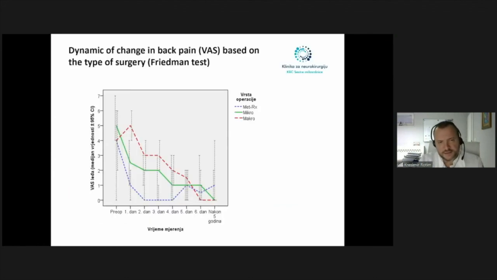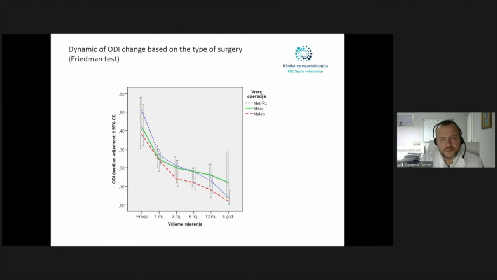And these are the results saying that, again, there is no statistical difference between the methods used. Maybe the standard microdiscectomy is showing better results in the long-term follow-up compared to the tubular discectomy.